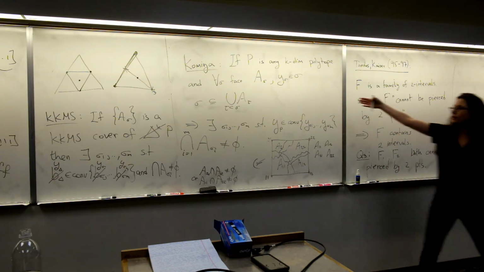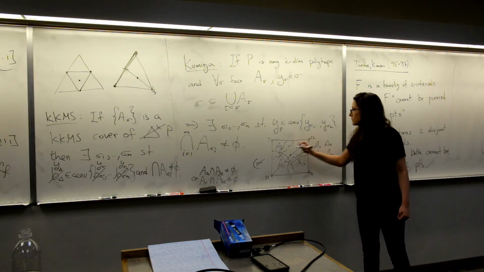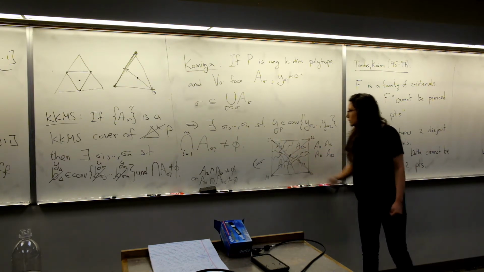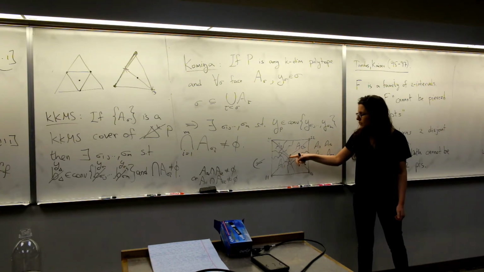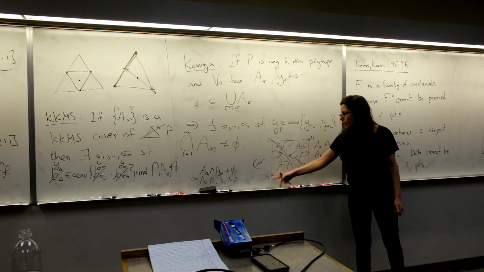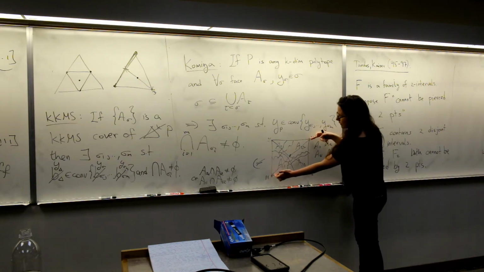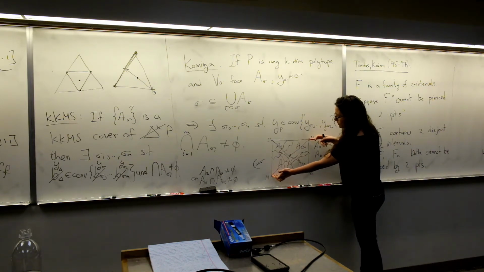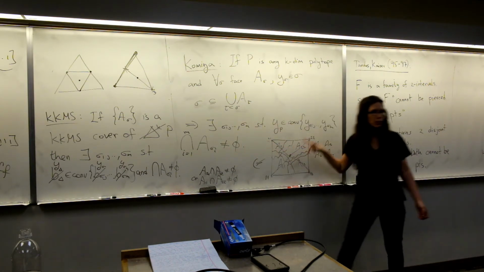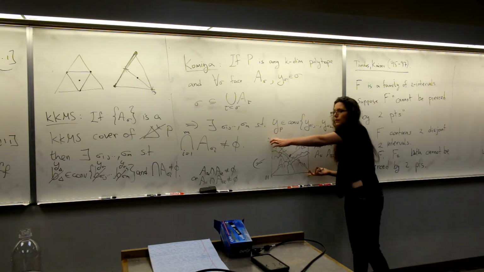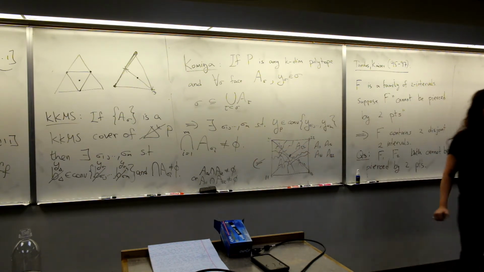Why is that? Why does it follow from Kamiyama? Just take the barycenters again as your y sigmas. So the only non-empty sets here are those. So in order to have the barycenter of P in the convex hull of the barycenters of the vertices, we must have that either those are the points that give that, and then their intersection is not empty by the theorem, or these are the points that give that, and their intersection is not empty by the theorem. Okay?